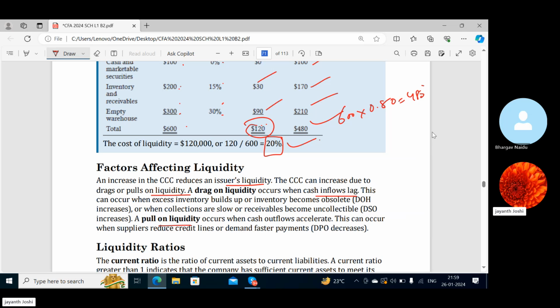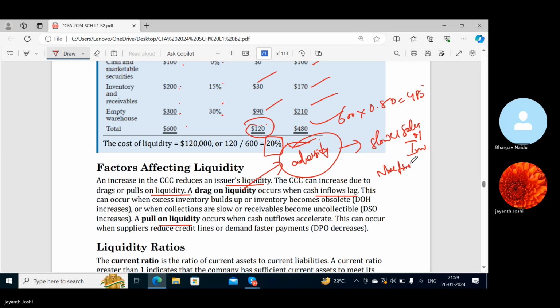Now, pull on liquidity. Drag on liquidity is adversity, not a good condition, an adverse condition. It is only possible if there are slower sales of inventory and more time taken to collect from customers.